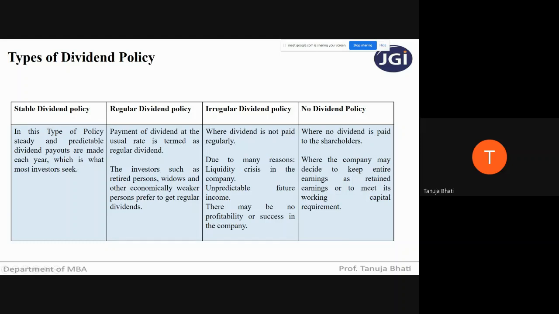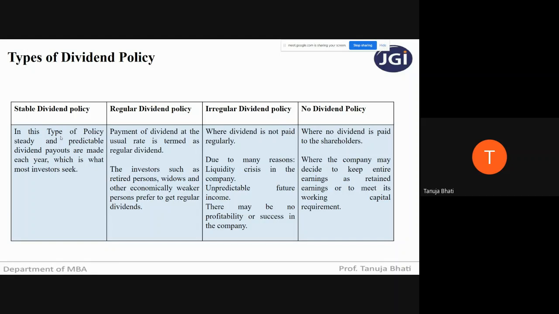Now, under stable dividend policy, students, there are different types of policy like stable or constant payout policy, constant dividend per share, or stable plus extra dividend. When I say stable or constant payout, that is nothing but a fixed percentage. The company will plan to give a fixed percentage of dividend on the earnings made every year.